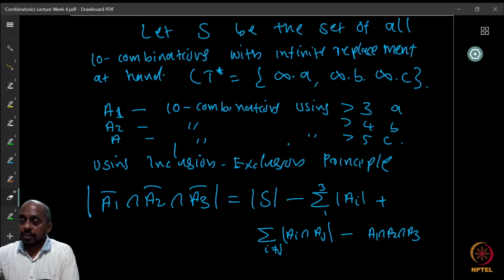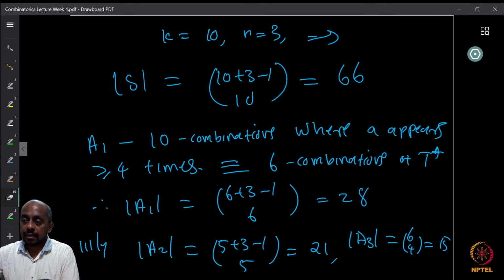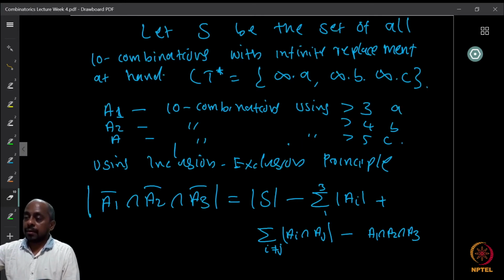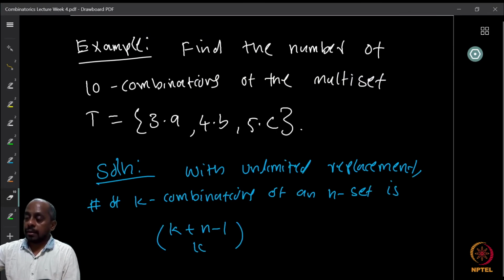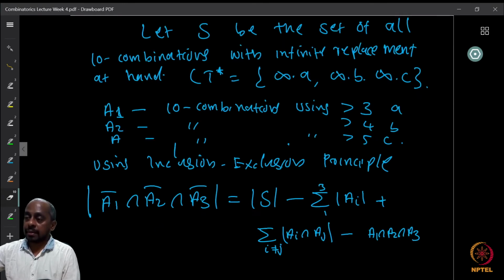So how do we do that here? In this case, k is equal to 10 and n is equal to 3 for the 10-combinations of the infinite replacement situation.